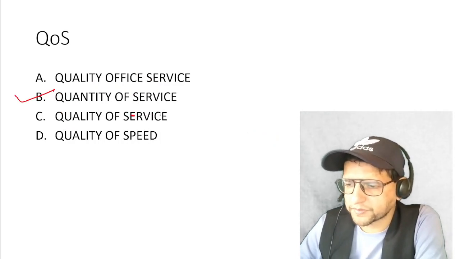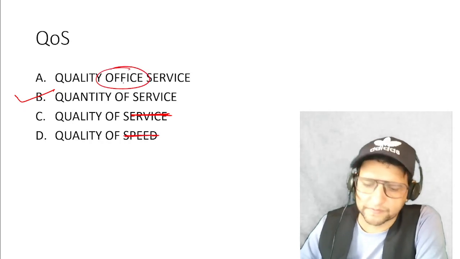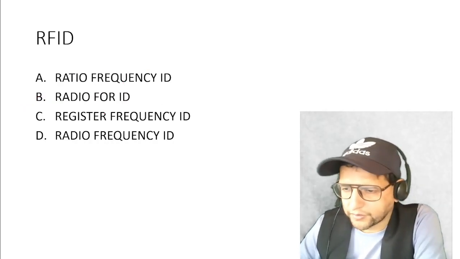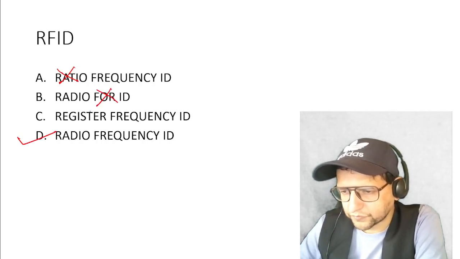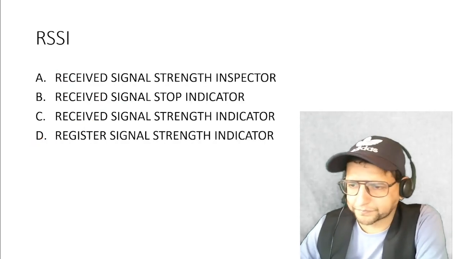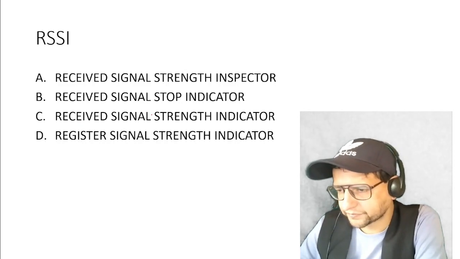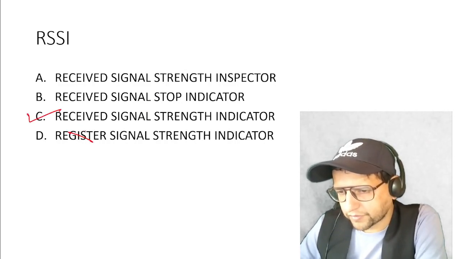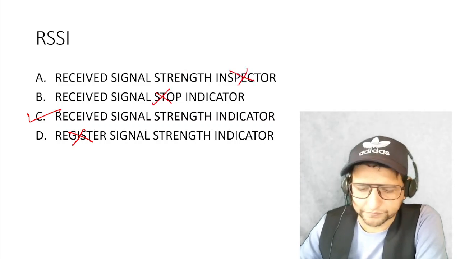It is not quality of server, it's not quality of speed, it is not office service. Radio frequency ID. Not ratio, not register. Received signal strength indicator. Not register, not stop, not inspector.